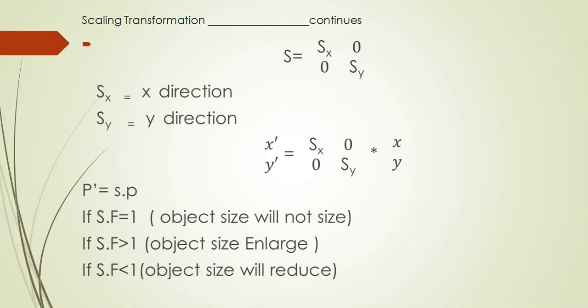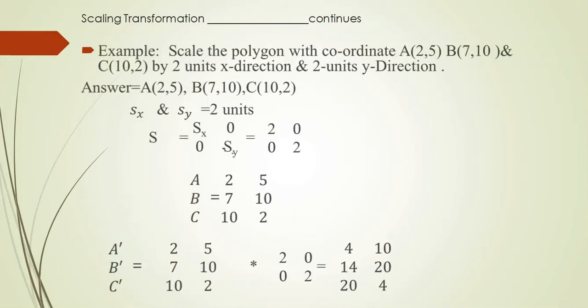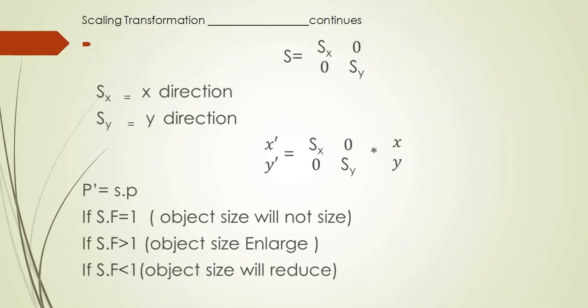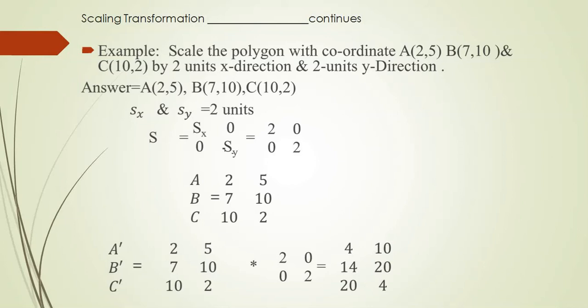Here is an example of scaling transformation. We are given some A, B and C coordinates, and by using the formula P dash is equal to S into P, we can change the scale of our image.